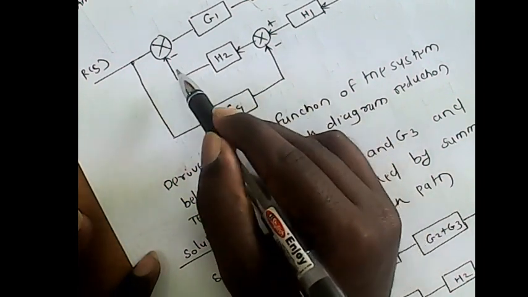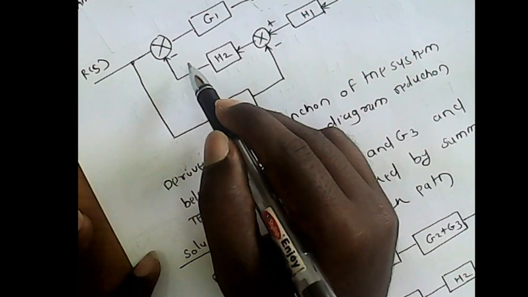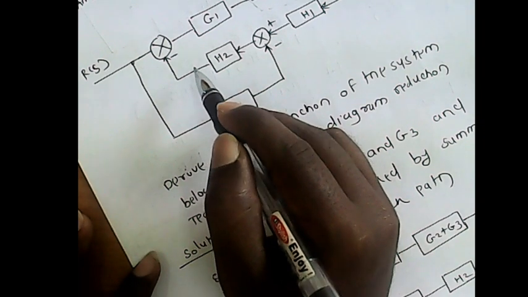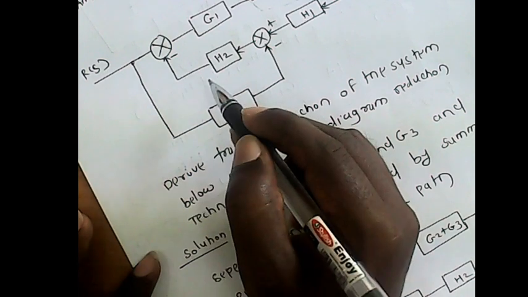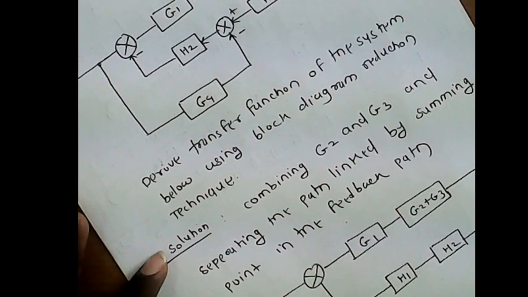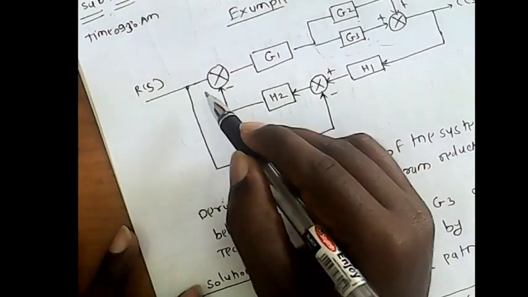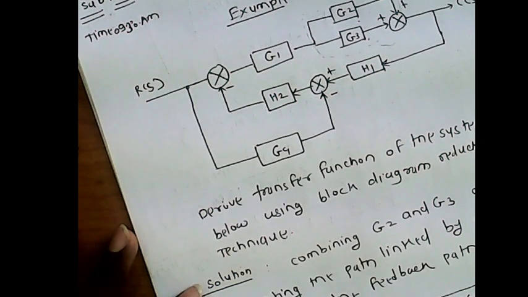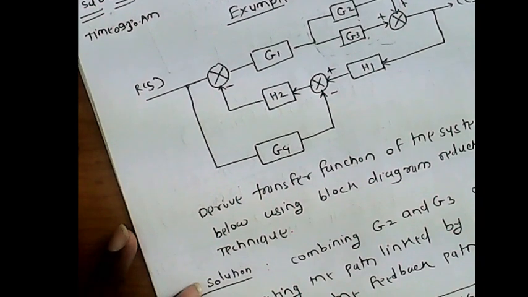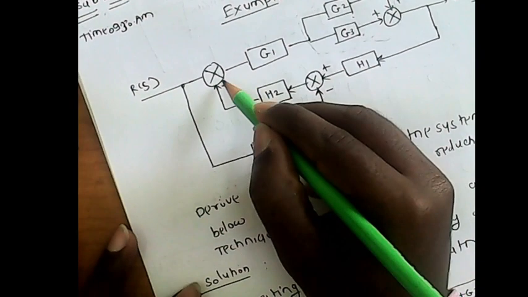Here we see G4, H2, and to remove this negative sign we introduce a -1 block. Okay, so to remove this negative sign, we add a -1 block here, so automatically this negative sign will be removed.